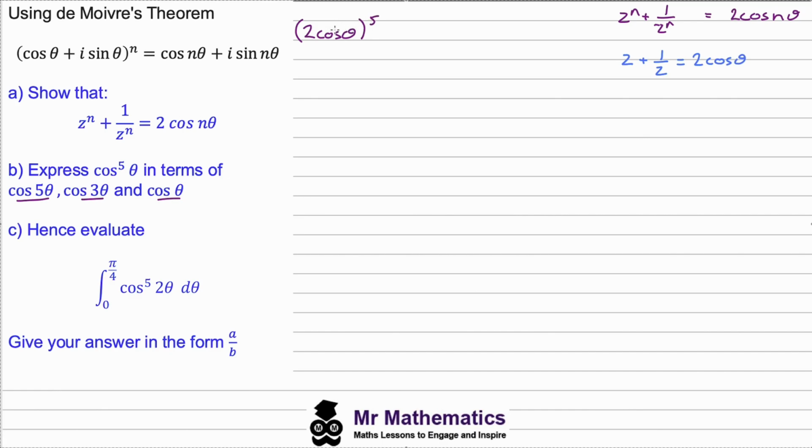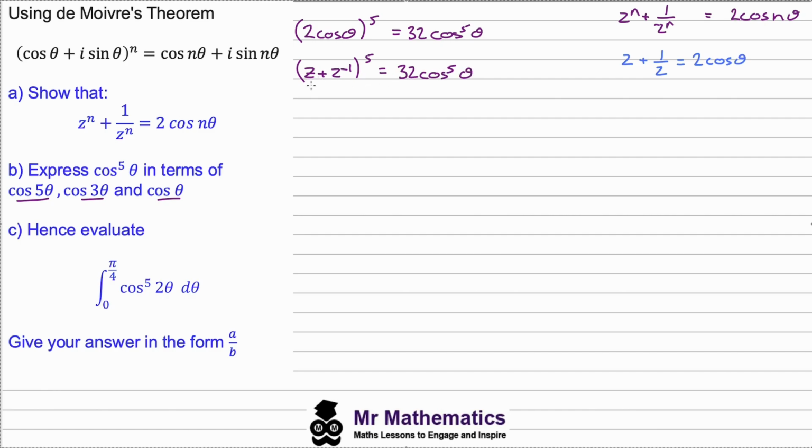And then when you expand this out, we get 2 to the 5, 32, times cos to the 5 theta. And we know 2 cos theta is the same as what we have here. So this will be the same as z plus z to the negative 1 raised to the power of 5. And this will give us 32 cos to the 5 theta.